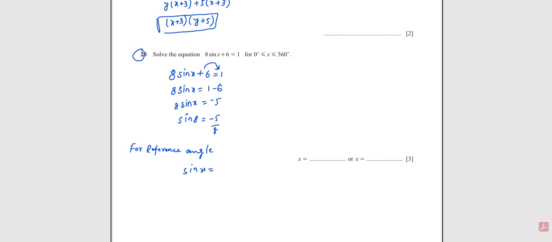Sine x is equal to 5/8. Divide these values, 5 divided by 8, we get 0.625.